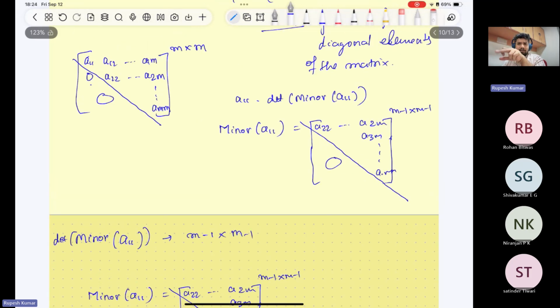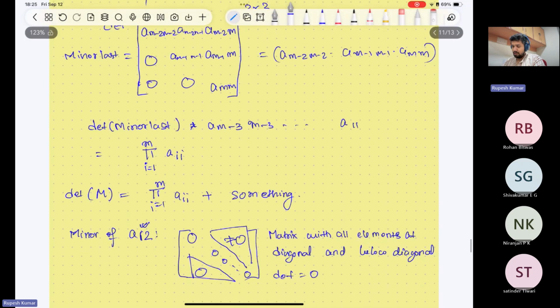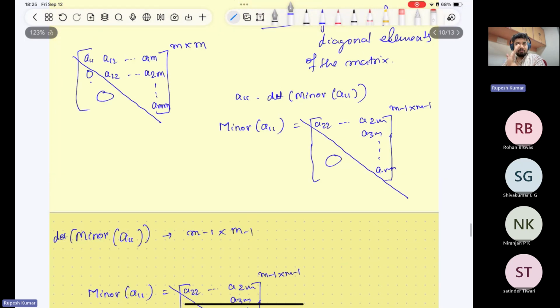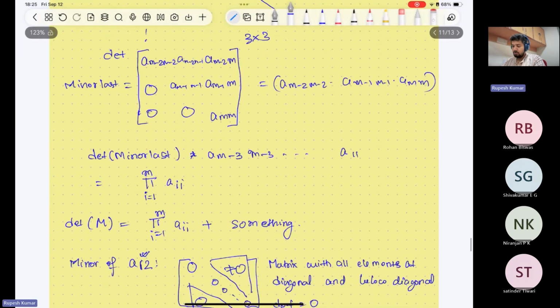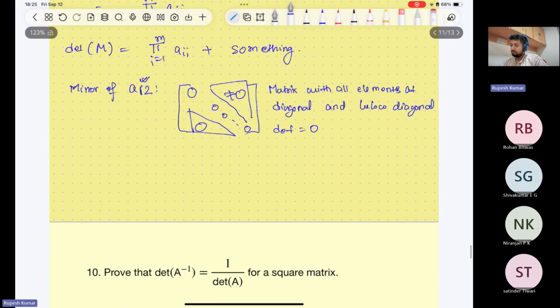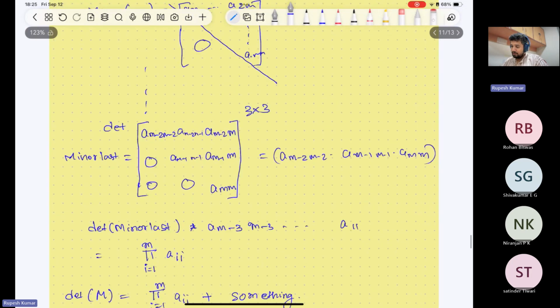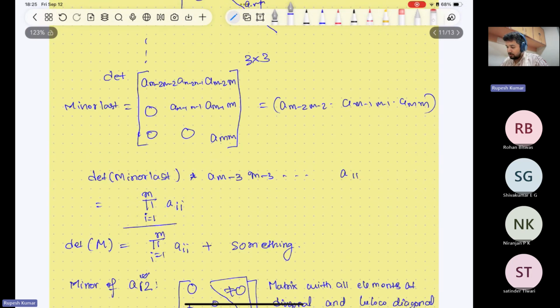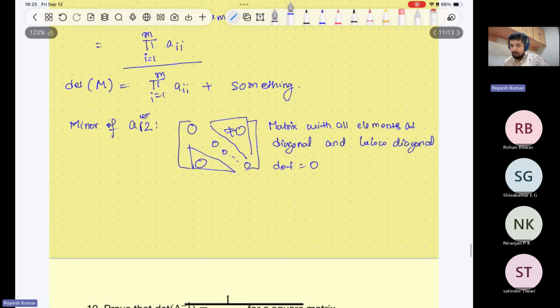Like the way we were trying to find the minor of A11, the determinant of the minor of A11, and we reached here, right? Now let's say A11 was 0, and all the entries A11, A22, A23 up to AMM are 0, which is basically this matrix. What you will get, the determinant to be the product of all the diagonal elements, right? This we have already seen. So if any one of the diagonal elements is 0, the determinant will be 0.